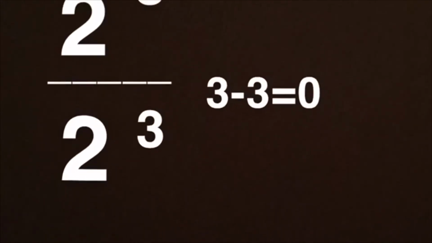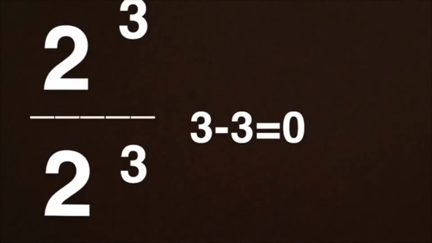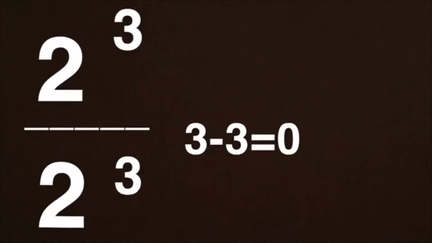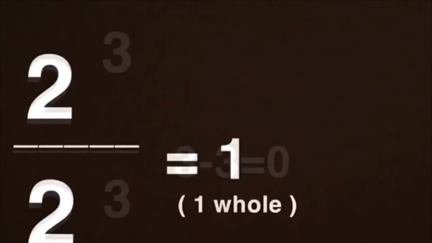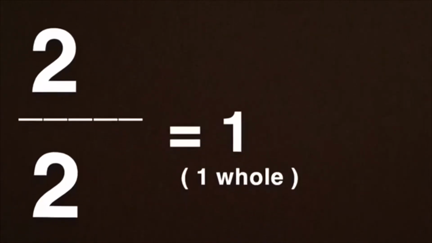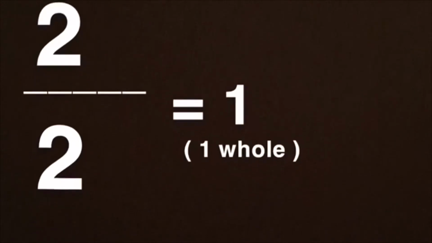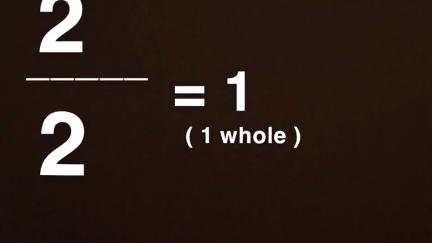For example, 2 to the power of 3 divided by 2 to the power of 3. If you subtract the two exponents, it'd be 3 minus 3, and the answer would be 0. So if you put the two bases as a fraction, it'd be 2 over 2. So 2 over 2 is also one whole.